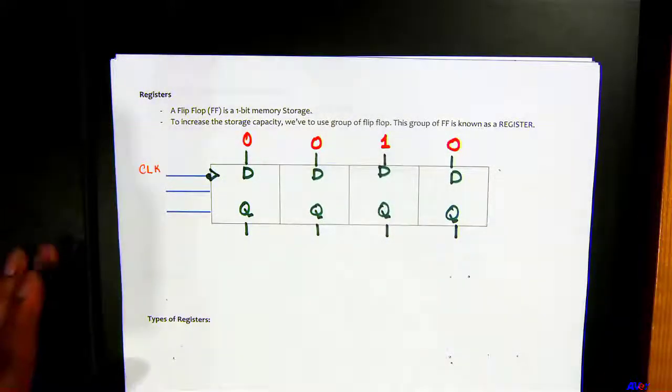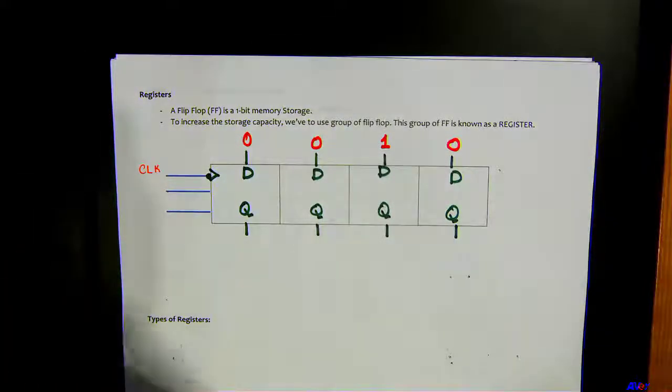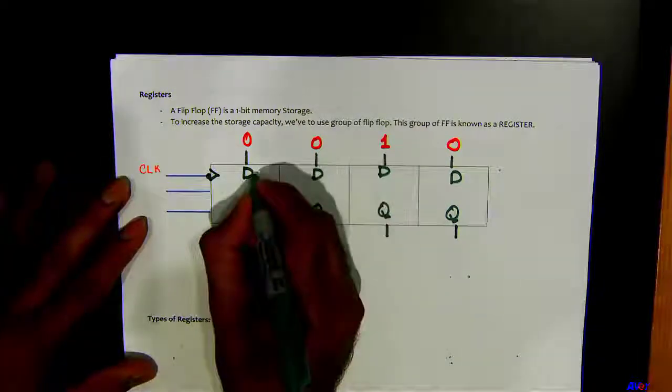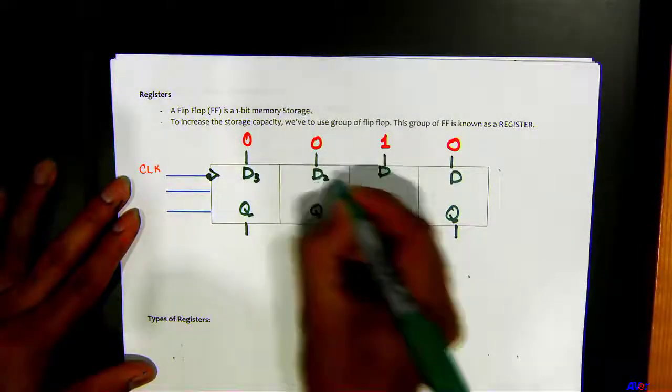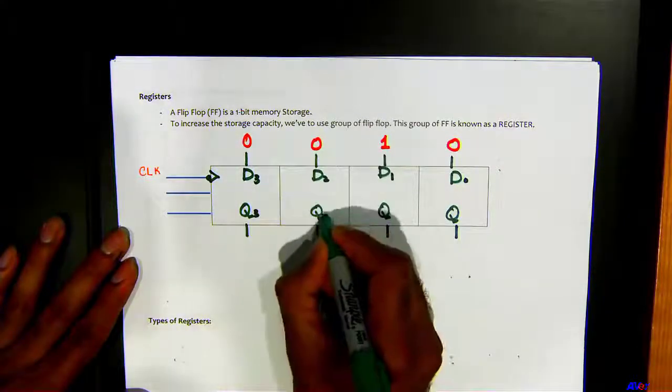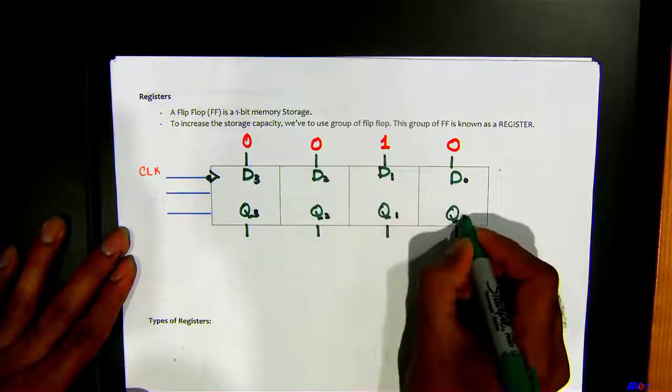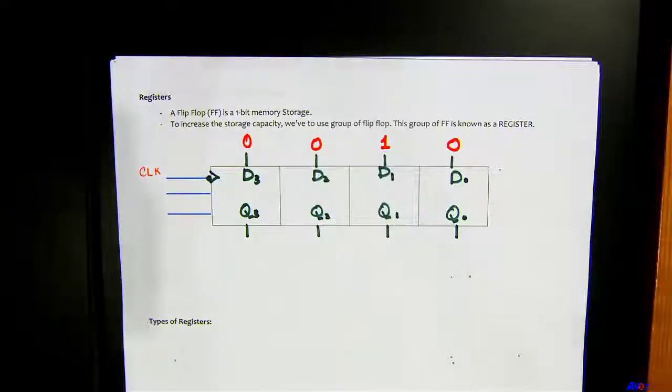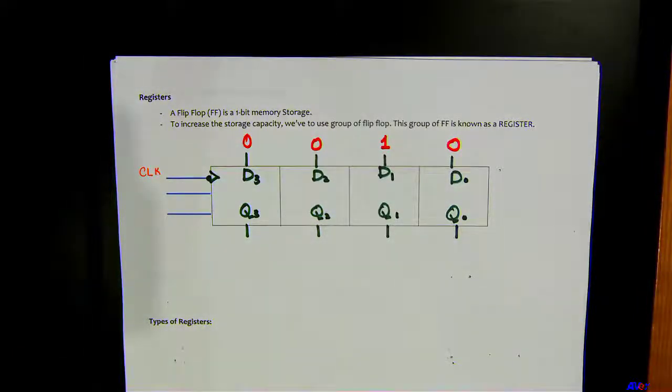This is the data that is connected to these. Also, I can say D3, D2, D1, and D0. So similarly, this will be Q3, Q2, Q1, Q0. I got 4 D flip-flops. The data coming to these 4 data lines is 0, 0, 1, 0.